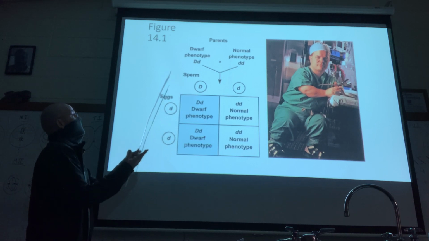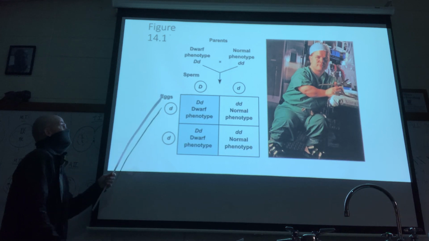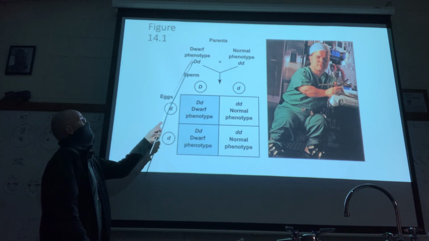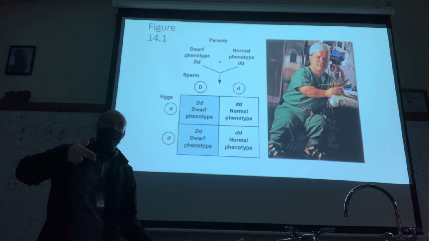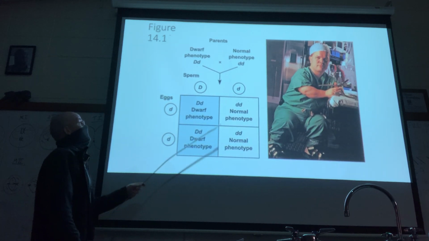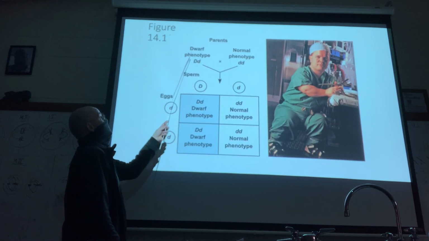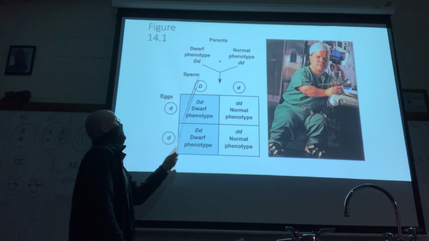But in the case of dwarfism, this specific type of dwarfism in humans, it is actually caused by a very rare dominant allele. And so here we have an individual that is going to have the dwarfism phenotype. They're heterozygous.